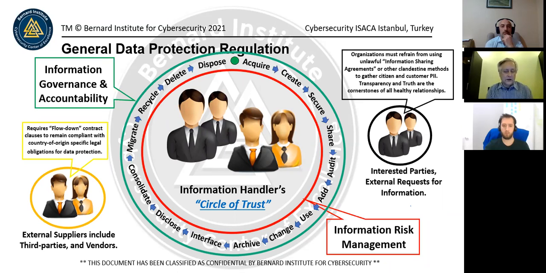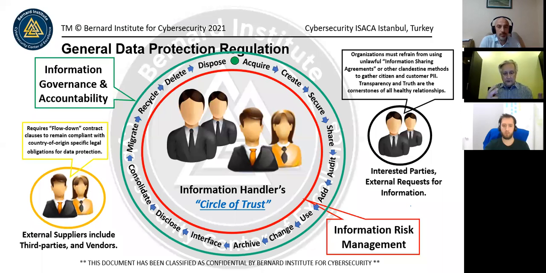Organizations should refrain from using unlawful information sharing. Agreements are another aspect as well. So between government ministries, before privacy legislation was invoked, they have agreements between the different ministries to share different types of information. So you may have motor vehicle ministry who handles cars and licensing and all that sort of stuff, sharing information with maybe the Ministry of Finance or maybe the Ministry of Revenue.